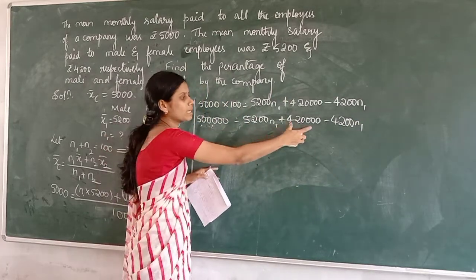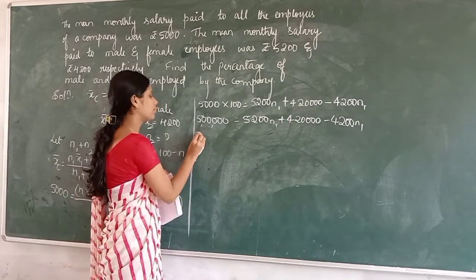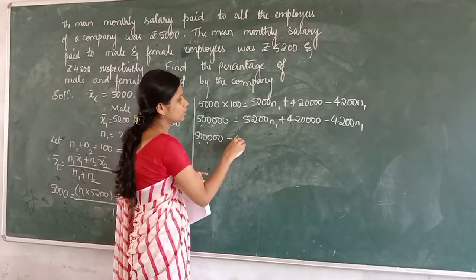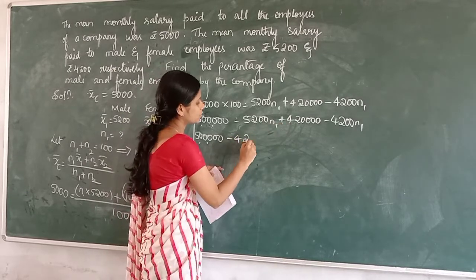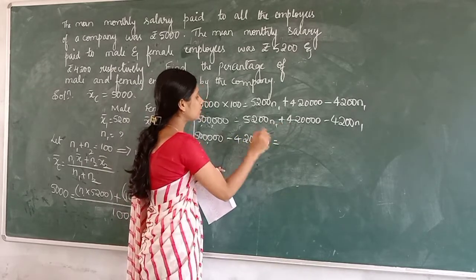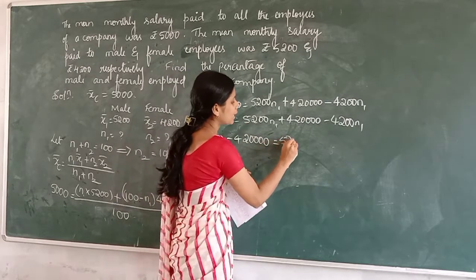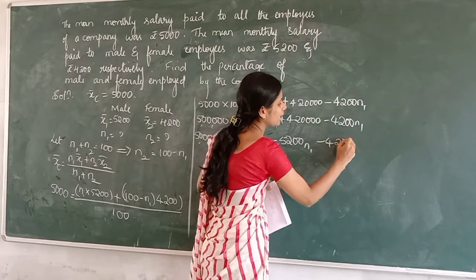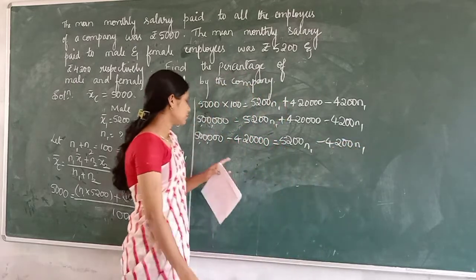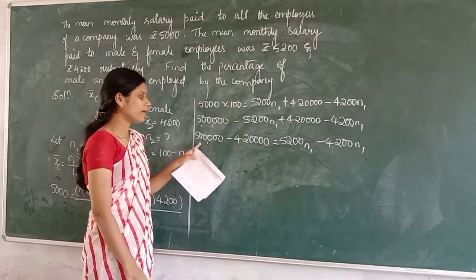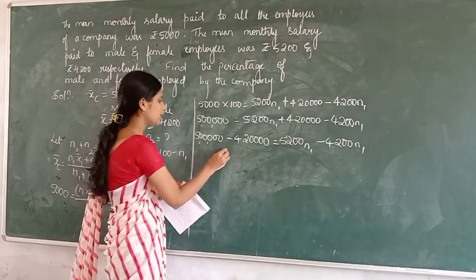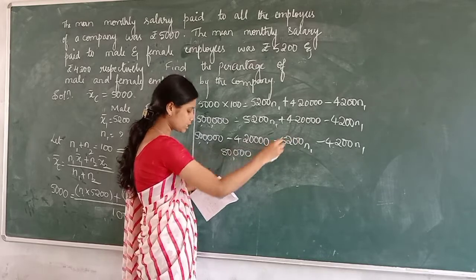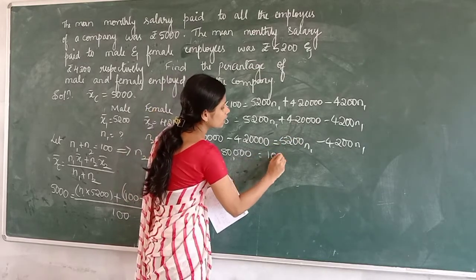So 5 lakh minus 4,20,000, because plus will become minus, is equal to 5,200 N1 minus 4,200 N1. So 5 lakh minus 4,20,000 is 80,000, which is equal to 5,200 minus 4,200, that is 1,000, into N1.